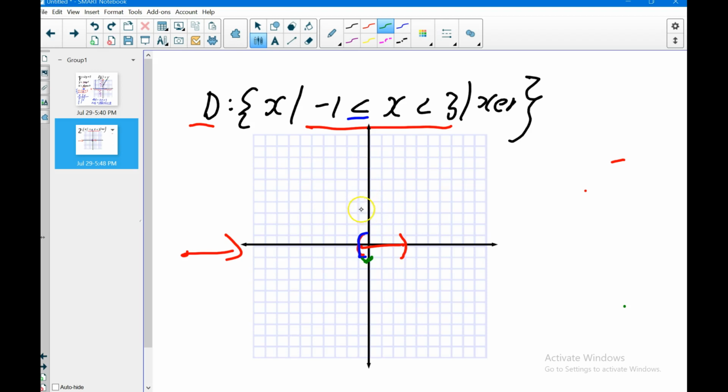That'd be your range. So basically, your function would lie within these boundaries here. That all means is that the whole function would lie inside these boundaries. That's all that means.